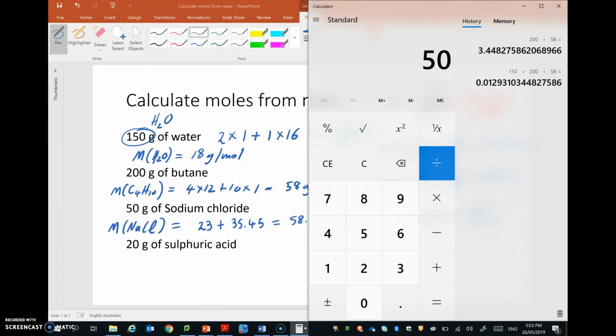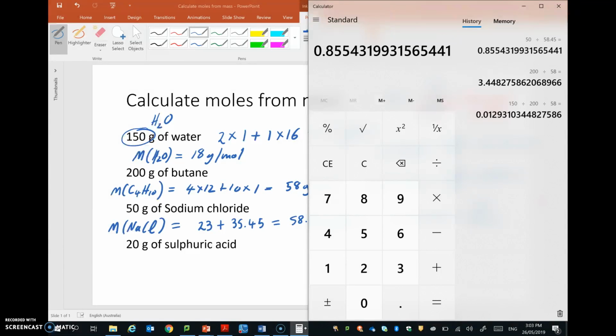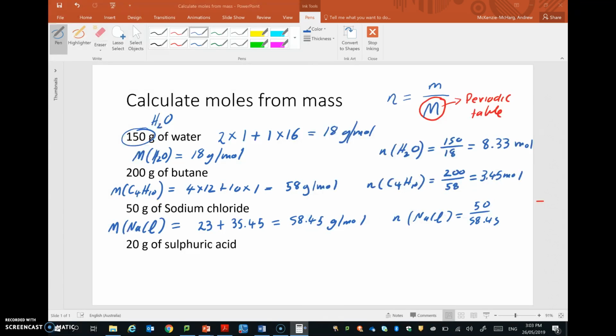So 50 divided by 58.45, and we've got 0.855 mole to three significant figures, of sodium chloride in 50 grams of sodium chloride.